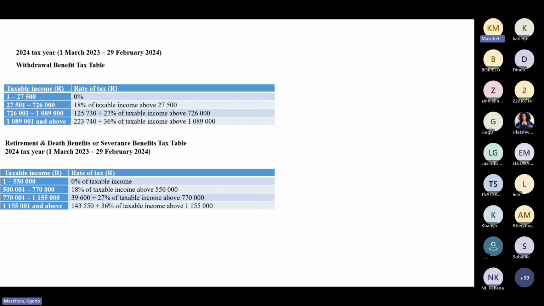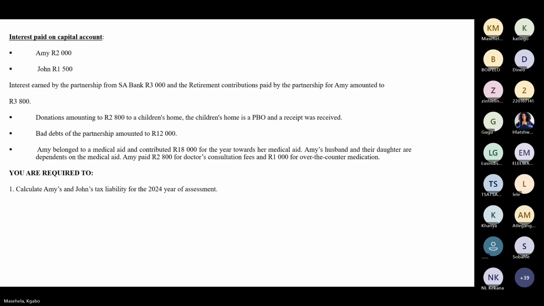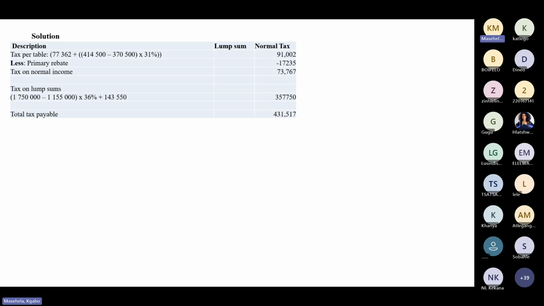It's 1,750,000, which belongs to this category. 1 million minus 770,000 multiplied by 27% plus 39. Let's see if our calculations are all right.